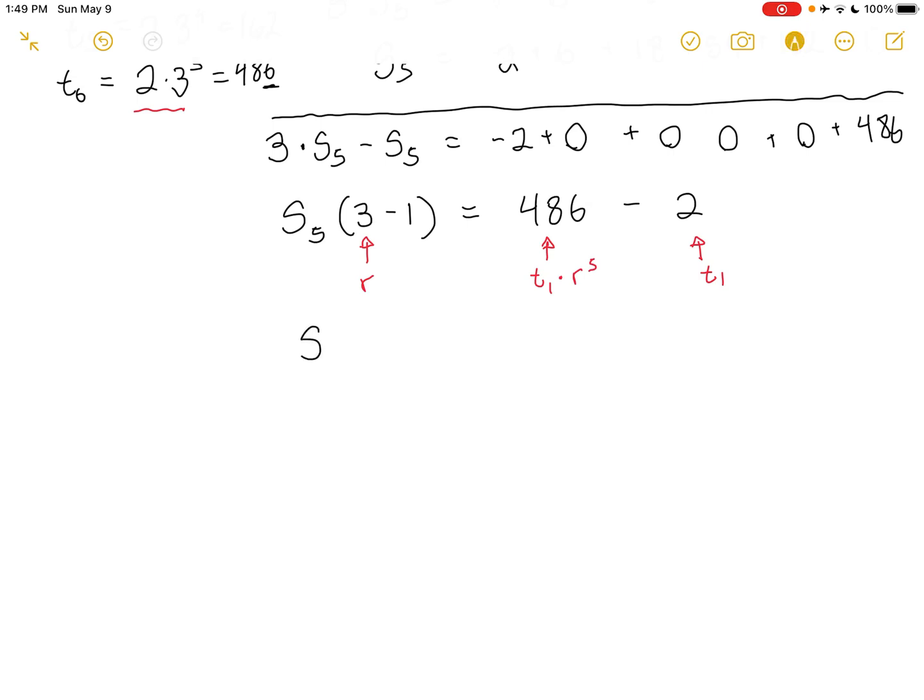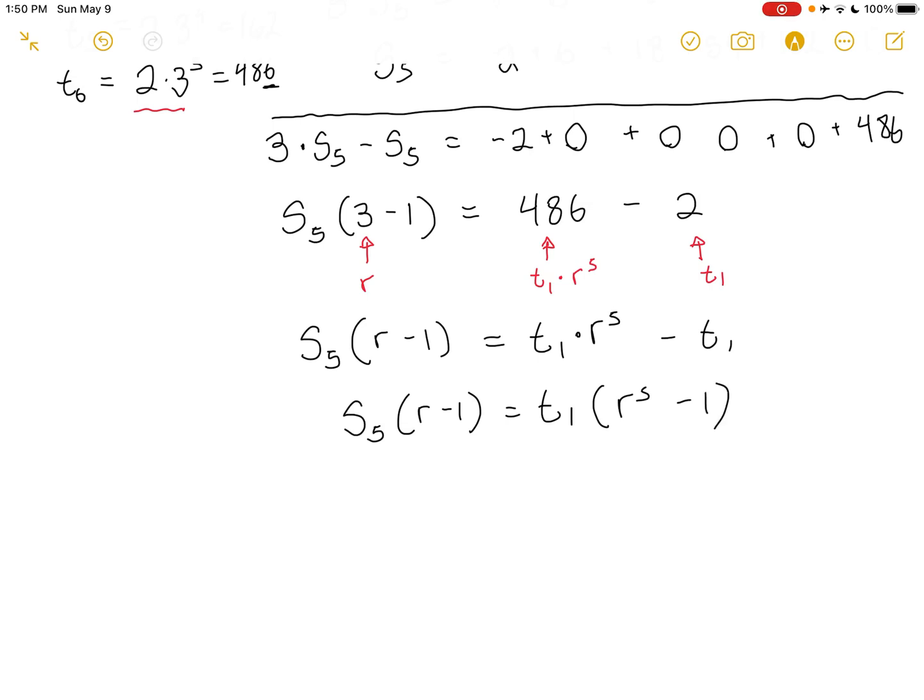S5 times R minus 1 equals T1 times R to the 5 minus T1. Okay, now on the right I can factor out a T1. So I'm going to do that. S5 times R minus 1 equals T1 times R to the 5 minus 1.